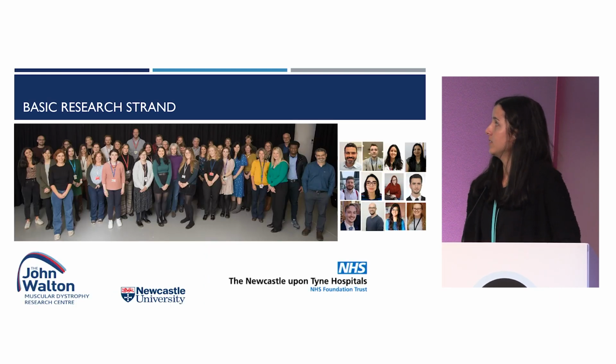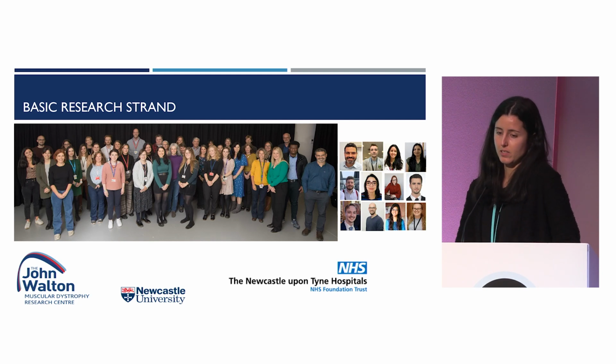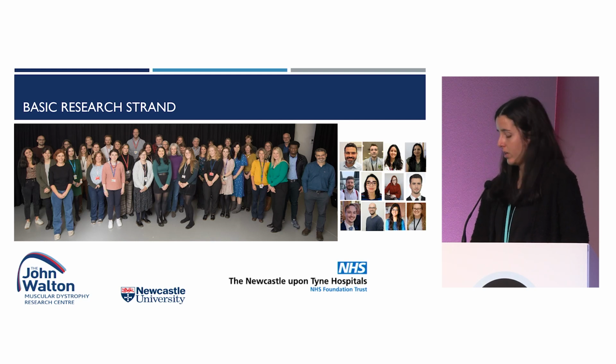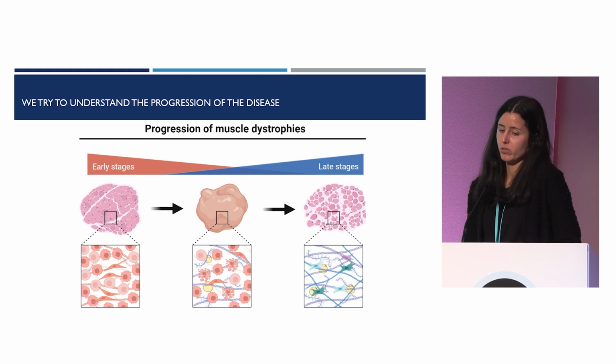So as I was saying at the beginning, I work in the John Walton Muscular Dystrophy Research Centre. More specifically, we work in the basic research strand. Our group is led by Professor Jordi Diaz-Manera, and what we always try to be focused on in our lab is to understand the progression of muscle dystrophies.